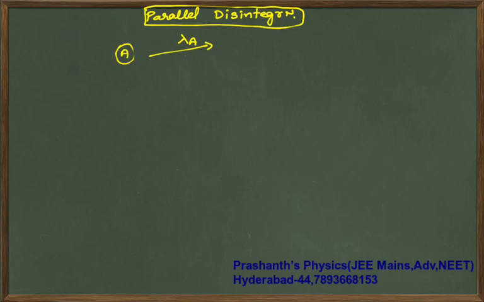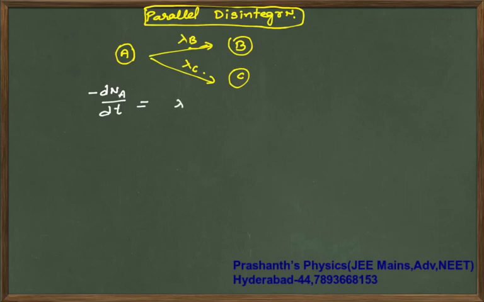So A is there, let us say. It will produce B nucleus simultaneously and C nucleus simultaneously. For the top process, the production of B, let us say the decay constant is lambda B, and for the second one the decay constant is lambda C. Now in this parallel radioactive disintegration, the rate of decay of nuclei, minus dNa/dt, is lambda B of Na plus lambda C of Na.